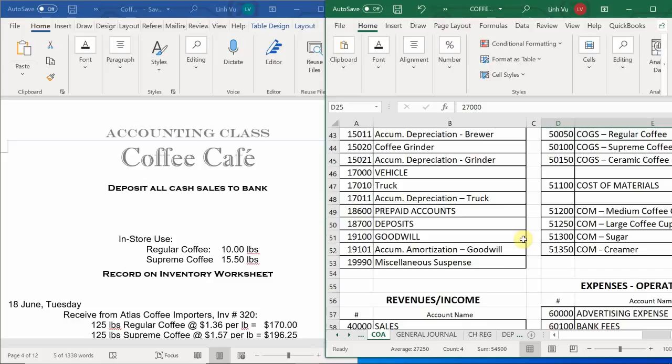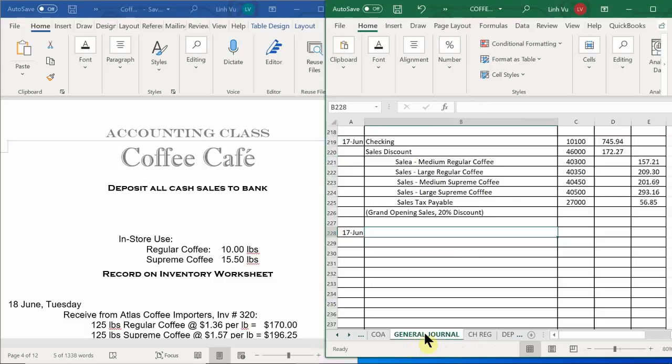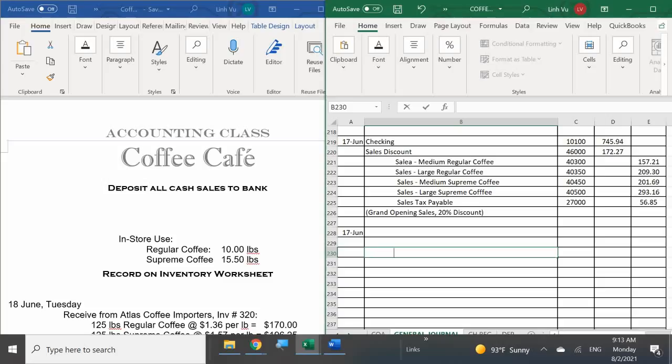Now, if we're decreasing our assets, is that going to be on the debit or the credit side? Credit. It'd be credited. Good. So we're going to be taking it out specifically from our regular coffee account and from our Supreme Coffee account. Which should be 12,020, 12,040.